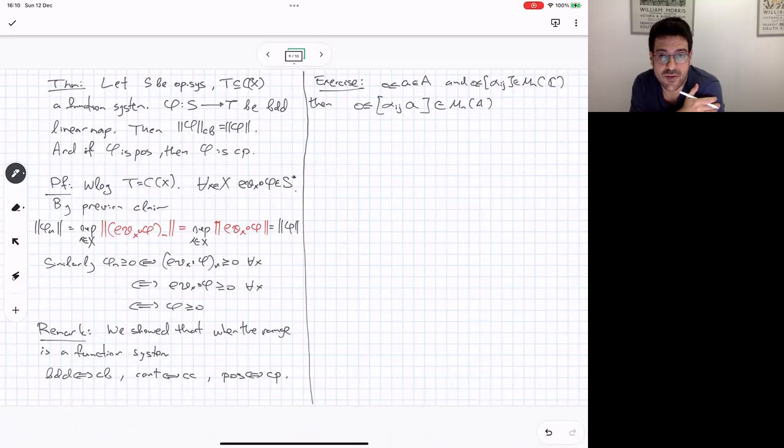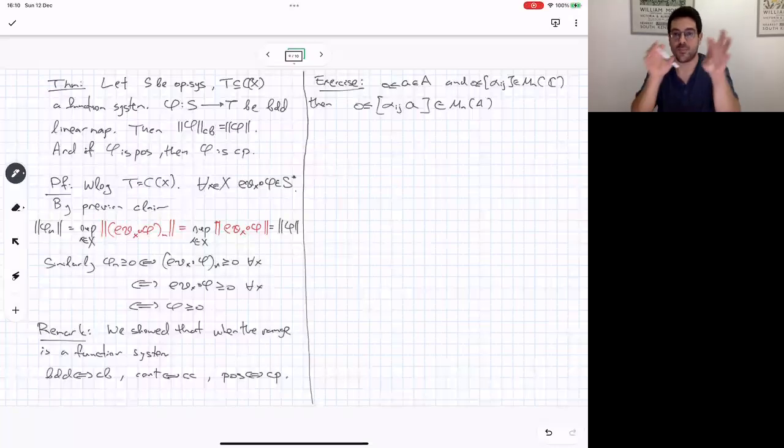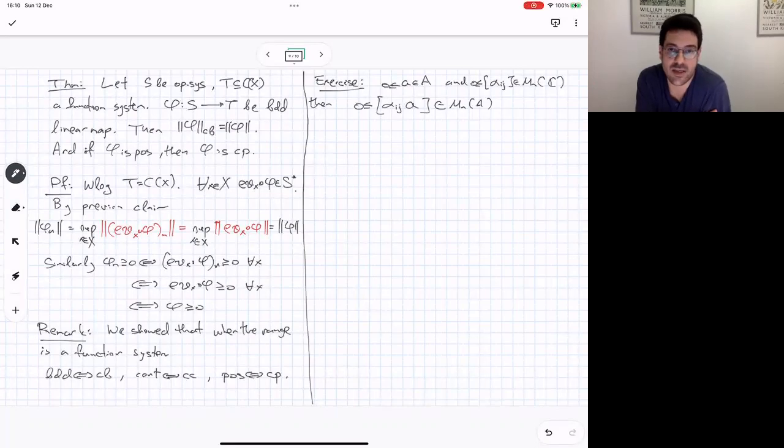Just apply it on vectors or something like this. So if you take a positive scalar matrix and you plug in some positive element in all of the entries, then it is still positive. I'm just going to use it, so I wanted to call it an exercise, but it's an observation if you want.